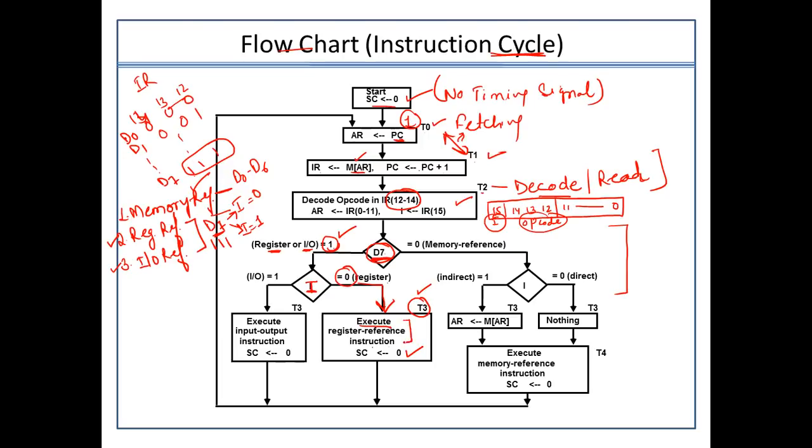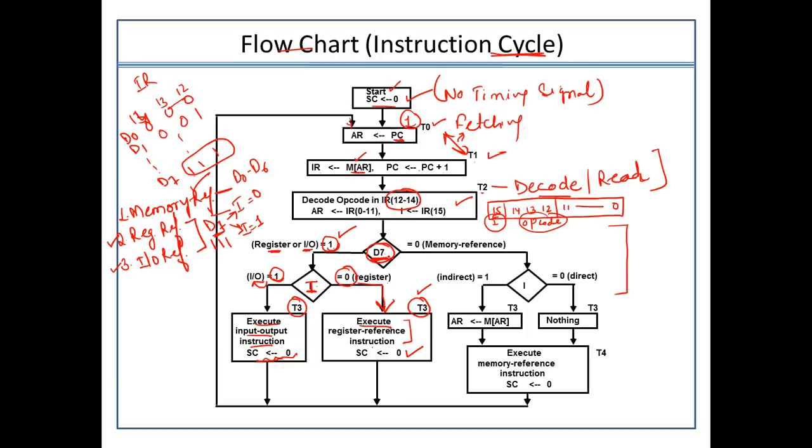Because after execution is complete, I need to go to this part and again start with the new instruction. But if the value of I is equal to 1, then it depicts an input output reference instruction. So we need to execute the input output instruction and clear the value of the sequence counter to 0 and then again start with the first part.